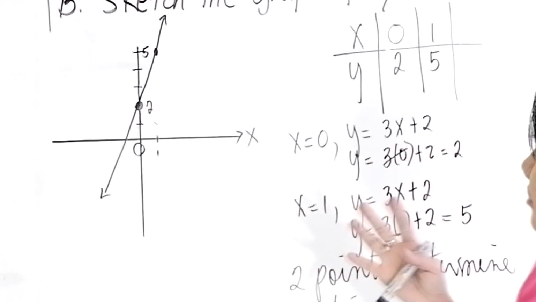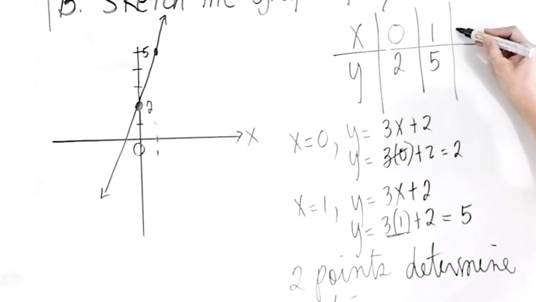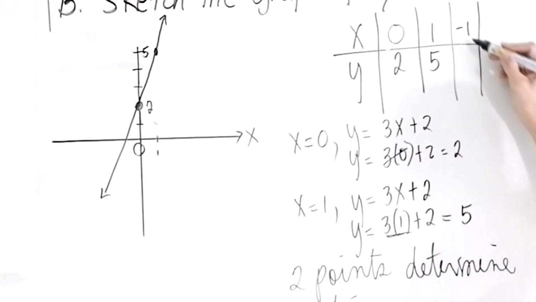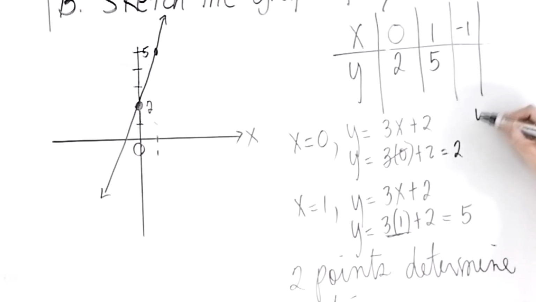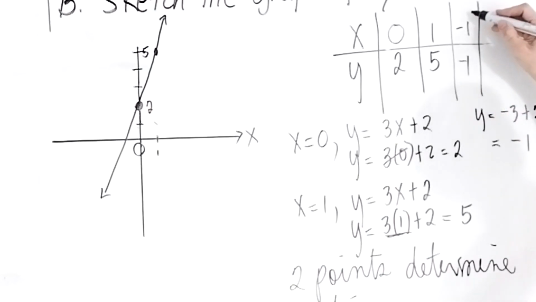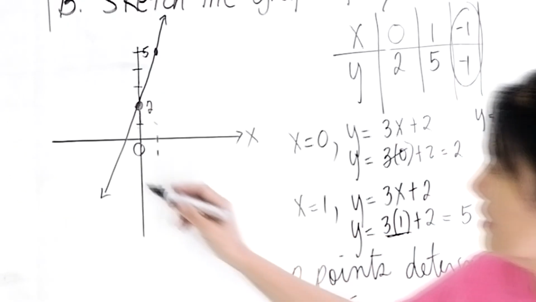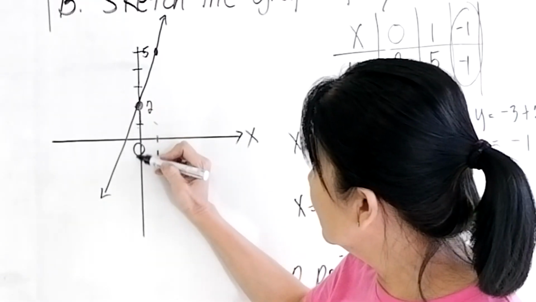Now, let us say you have a question. Ma'am, what if I substituted -1? That's alright. So when x is -1, 3 times -1 is -3. Plus 2, let's try that. That's -1. Right? 3 times -1 is -3 plus 2. That is -1. Oh, let's plot this. -1, -1. -1 is here.